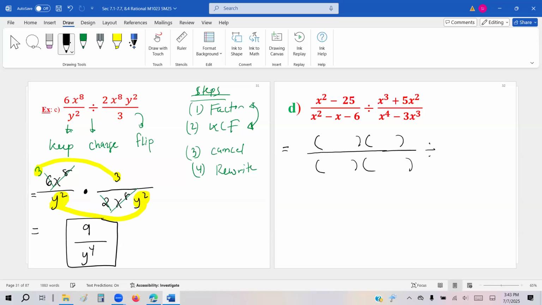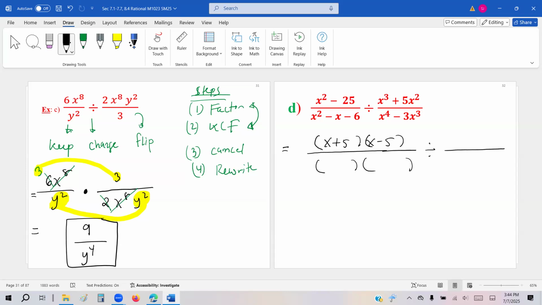Now we are going to the right. We do factoring first, after which comes multiplication. So that's x minus 5, x plus 5, and the denominator is x plus 5, x minus 5.